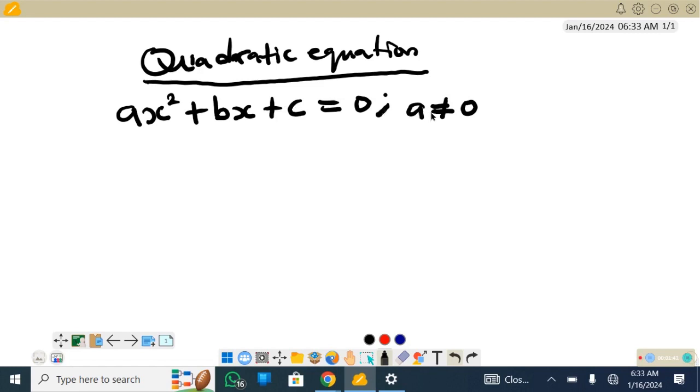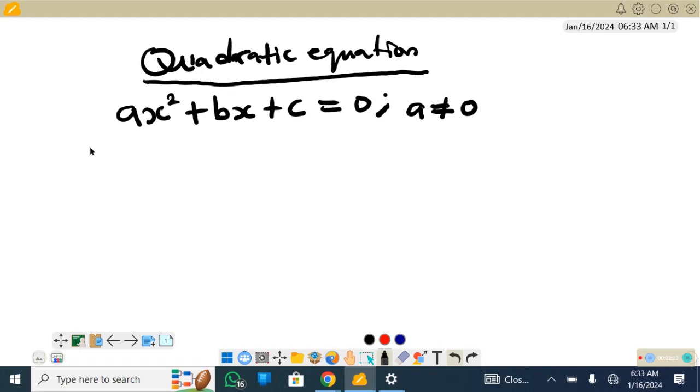Please, if you have not watched the video on quadratic expression or how to factorize quadratic expression, I will advise that you go back and watch it, because most of these things are explained there. The only difference is that we now have an equality sign, which is equal to 0 here.